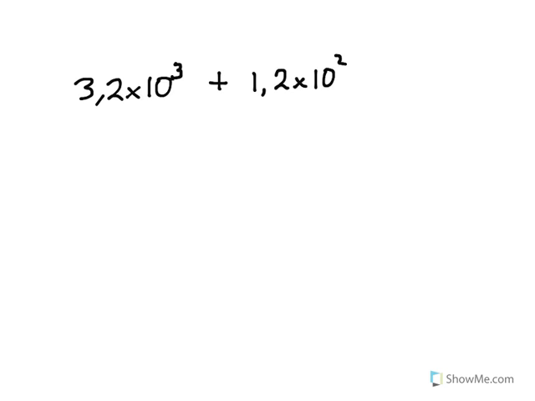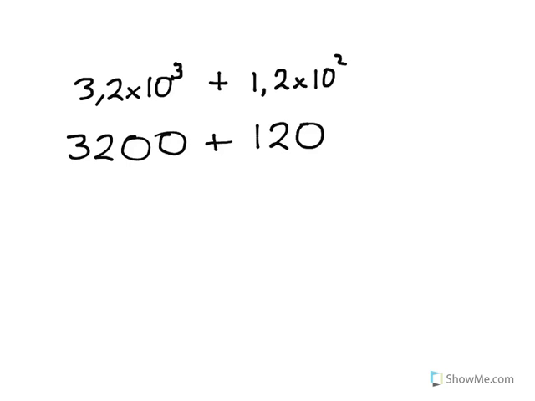It's like taking the number here, 3.2 times 10 to the 3, which is the same as 3,200, plus 1.2 times 10 to the 2, which is the same as 120.